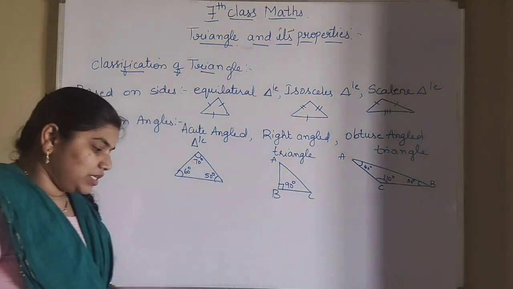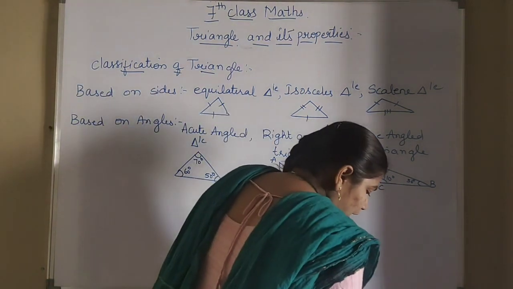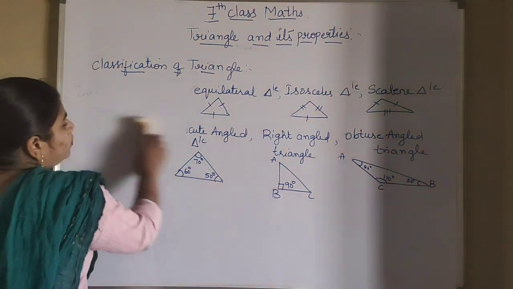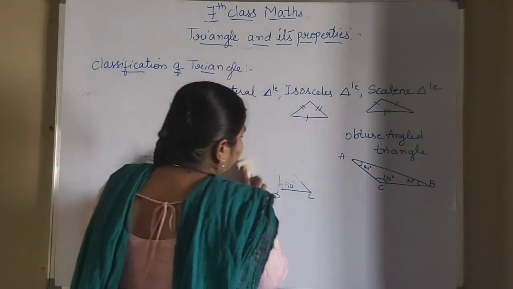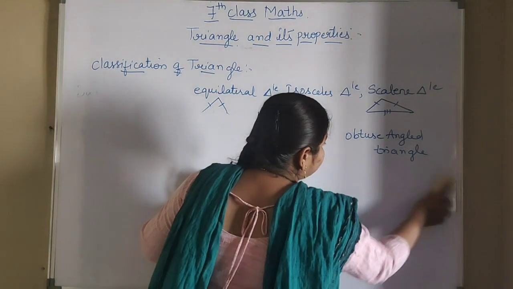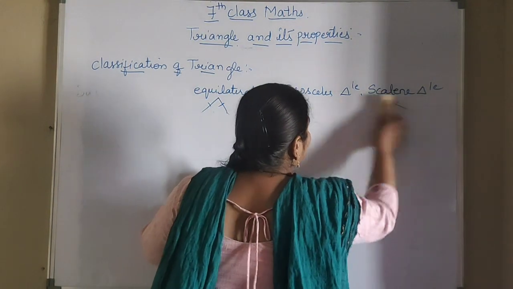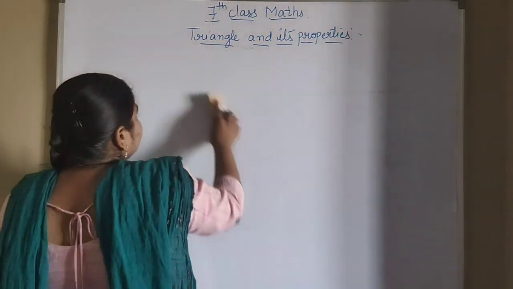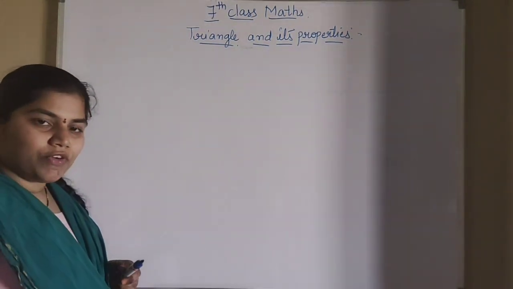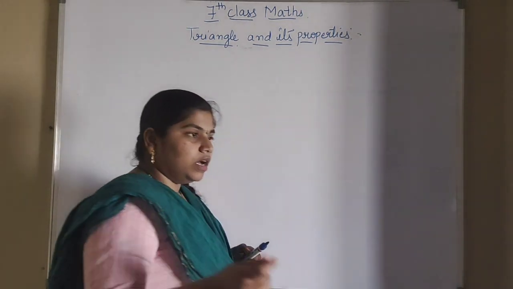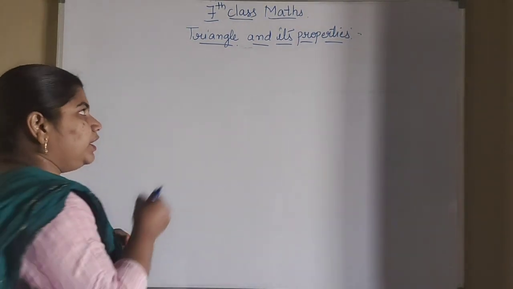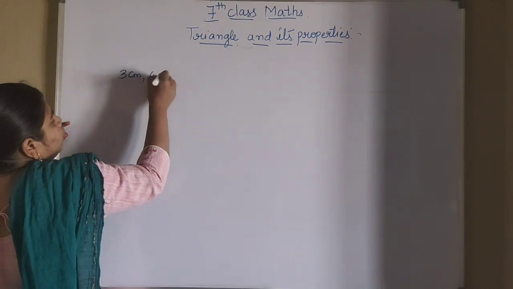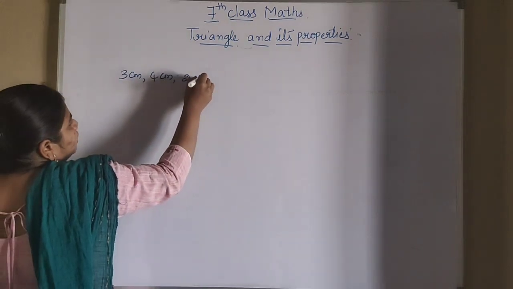Now next is the relationship between the sides of a triangle. What do you mean by relationship between the sides of a triangle? By using which type of values a triangle is formed, we have to check. If you take any numbers here, 3 centimeters, 4 centimeters and 2 centimeters I am taking.